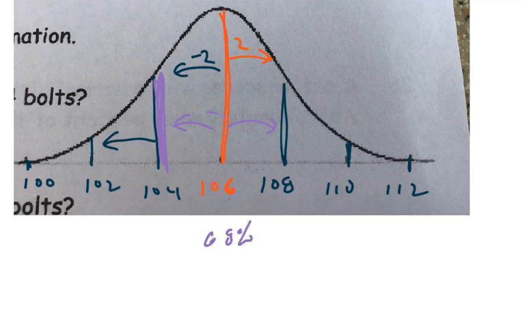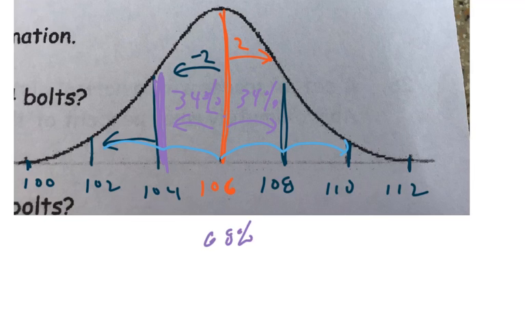So each interval here is 34%, correct? 34 and 34, 68. So the first standard deviation from the mean basically is 34% each way of all the data, okay? If, remember, I go out 2 standard deviations each way, that totals 95.